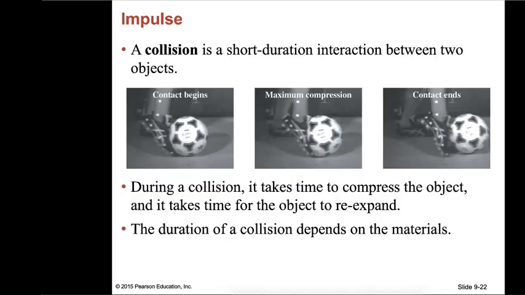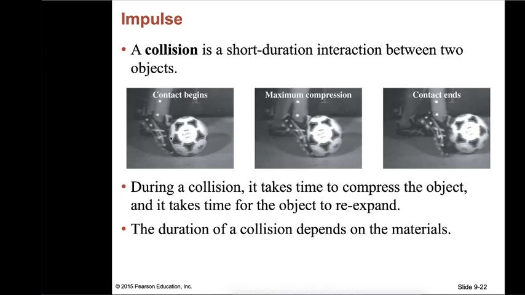For example, here we have a process, a motion of kicking a soccer ball. These are three pictures taken at three different times. The first picture is when the foot makes contact with the soccer ball.